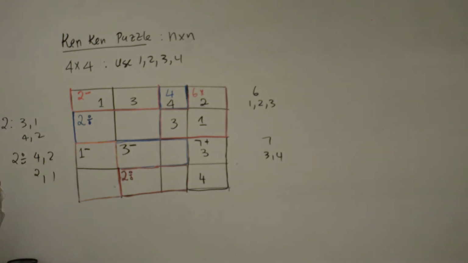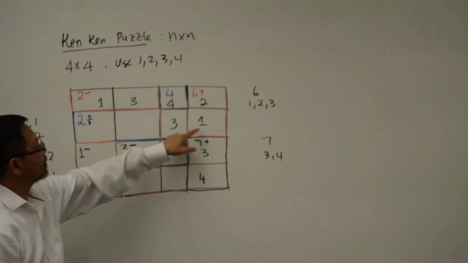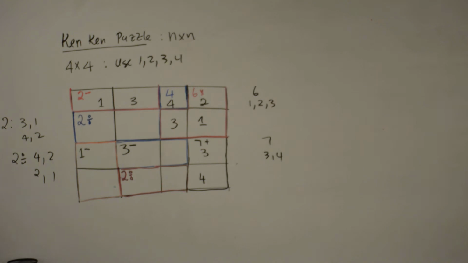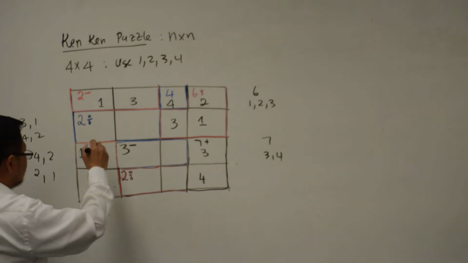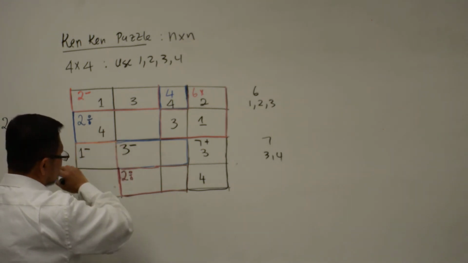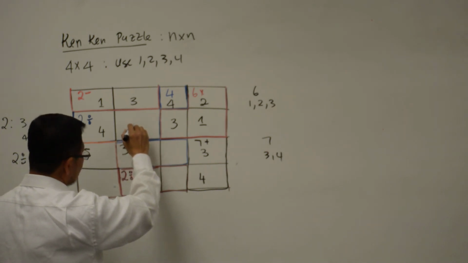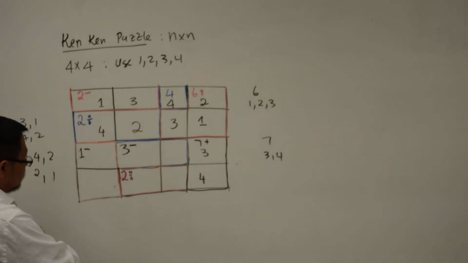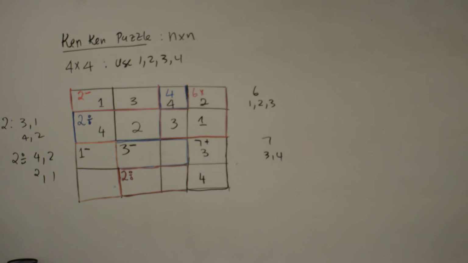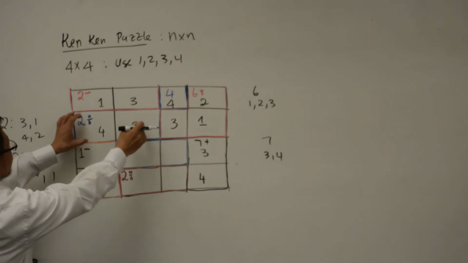I can use 2 and 4 only. So we have 4, and I can use 2 there. So 4 divided by 2 is 2. And that's a cage right here.